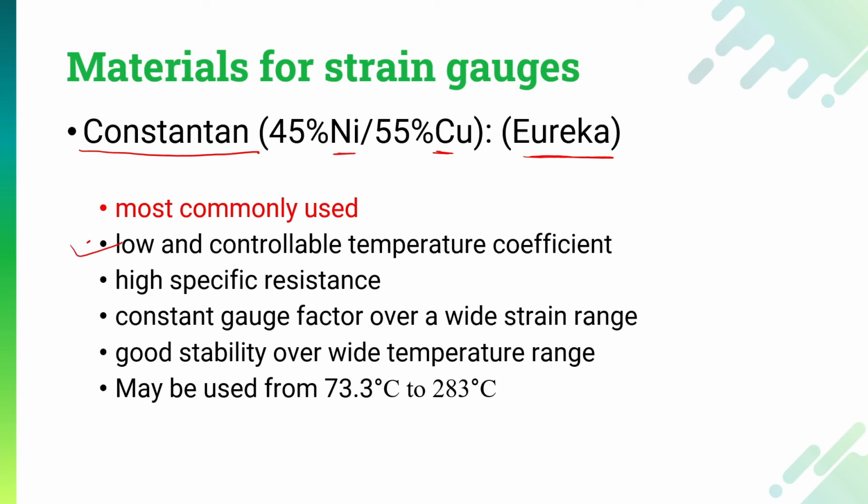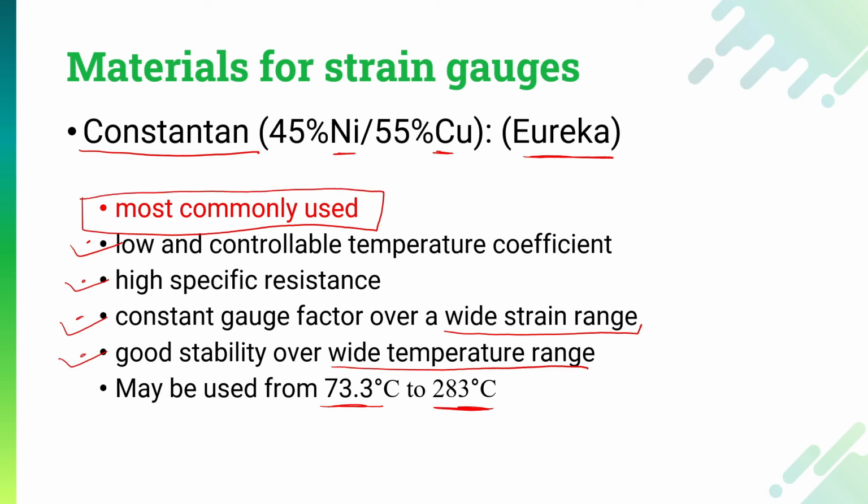It exhibits properties like higher specific resistance, constant gauge factor over a wide strain range, and good stability over a wide temperature range. So we can use such material for the range of 73.3 degrees Celsius to 283 degrees Celsius. And remember that this is one of the most commonly used materials when it comes to static strain measurement.